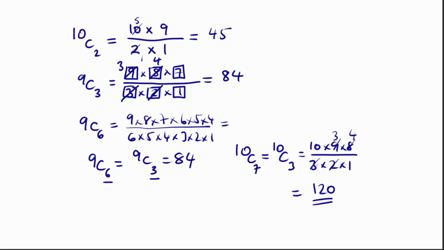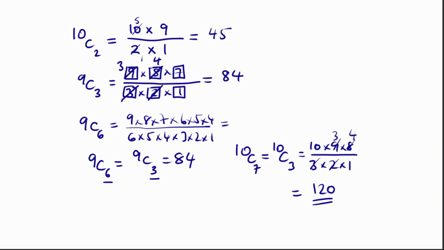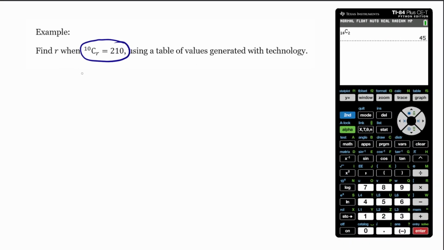Right, sorry, let's just do this example here actually. It says find R when 10 choose R is 210 using a table of values generated with technology. So we have to solve this equation: 10 choose something is going to be 210. What we can do is use the calculator to work out the 10th row of Pascal's triangle.